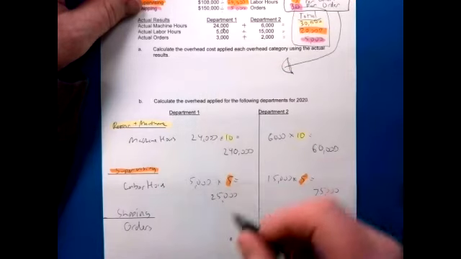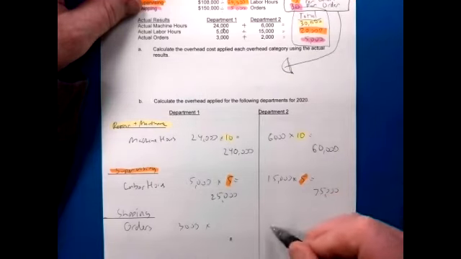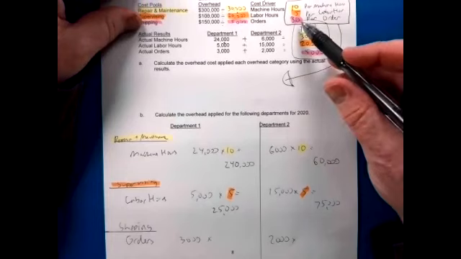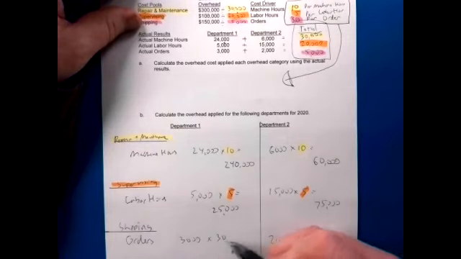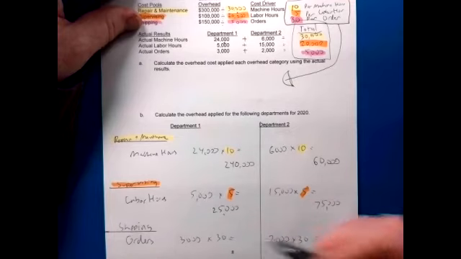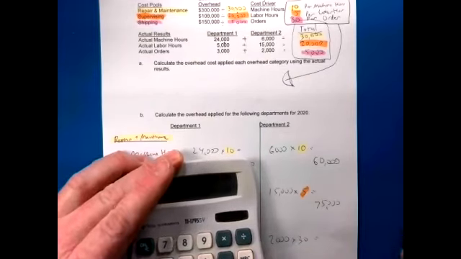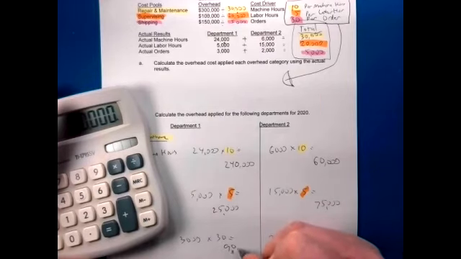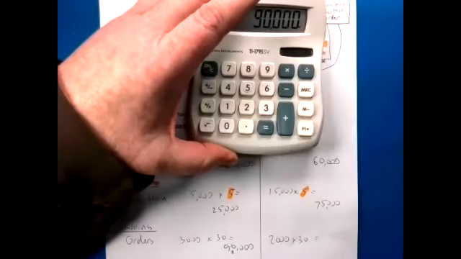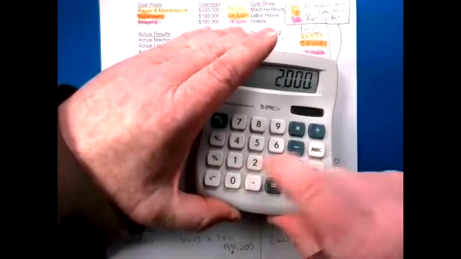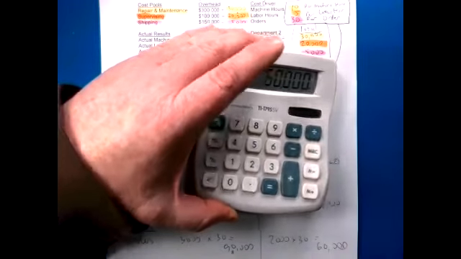And we had 3,000 and 2,000. And that's $30 per order. Yeah, okay.